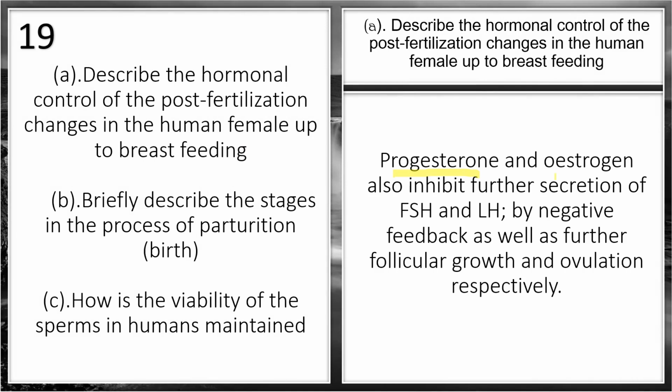Progesterone and oestrogen also inhibit further secretion of follicle-stimulating hormone and luteinizing hormone by negative feedback, as well as further follicular growth and ovulation, respectively.